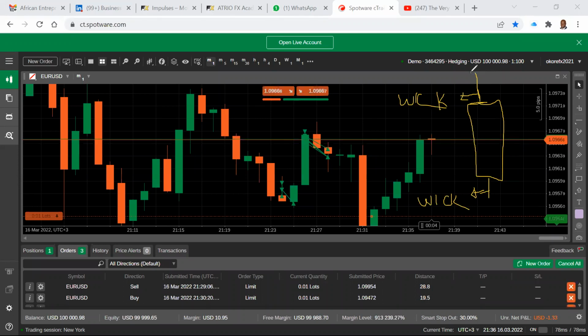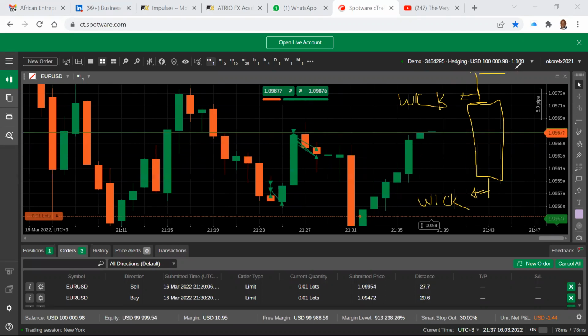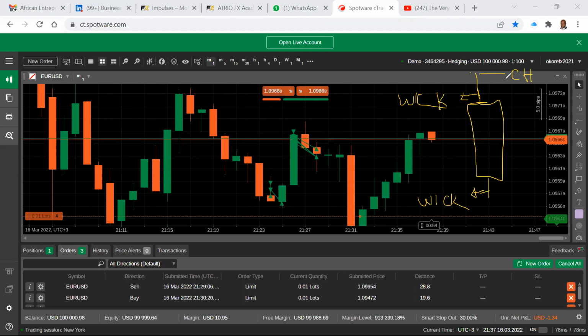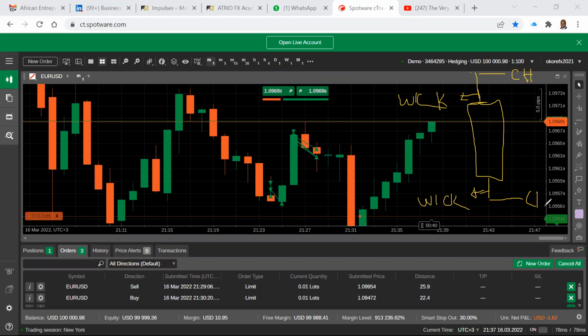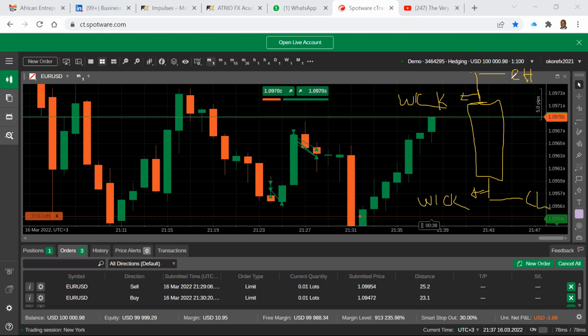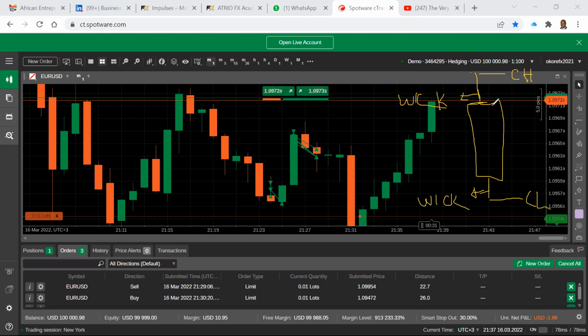Right here at the top is the current high where the market has reached. And this is the low that the market reached.